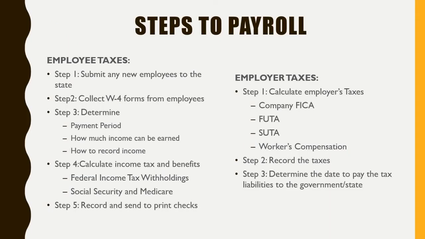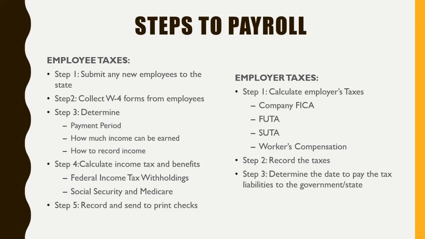Here are the steps for having payroll. Number one, you're going to need to submit documentation to have proof that you are holding employees. Again, everything is legalized through documentation. Then step 2 is you need to collect W-4 forms from each employee, which determines how much federal income tax they must withhold.